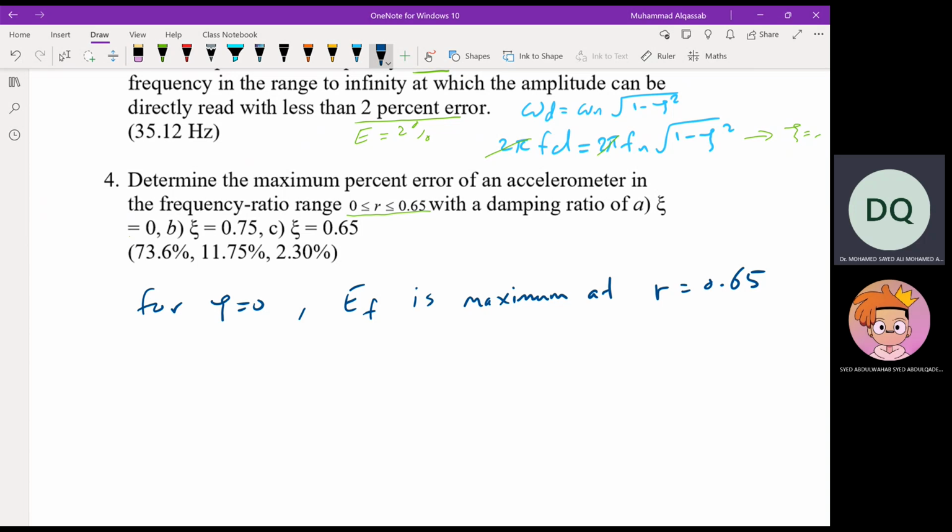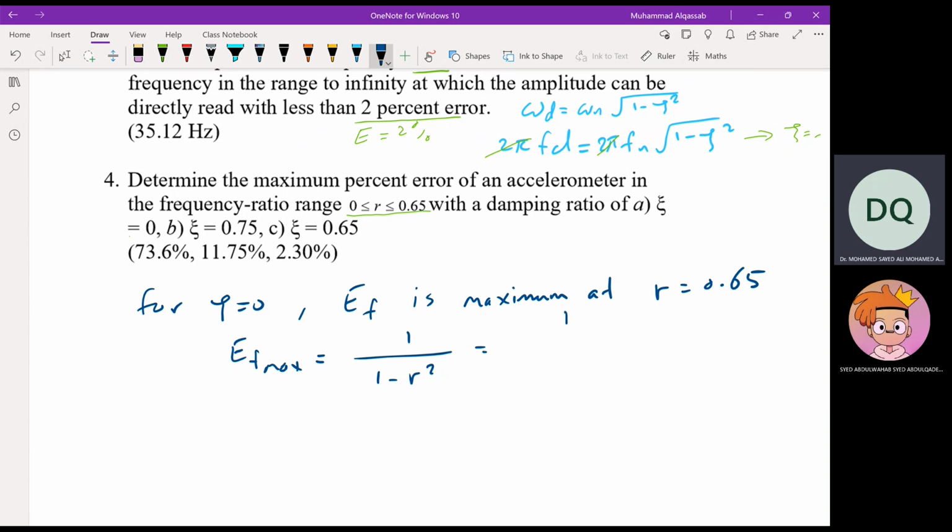So the maximum error will occur at 0.65. Directly you can substitute: the error factor is 1 over 1 minus r squared. That is the error factor of the accelerometer.